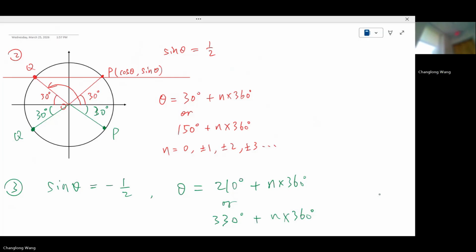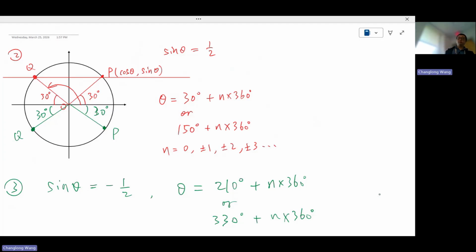Not anymore, because sine 30 is not going to be negative, because you want a negative 1/2. And that's why I wanted to look at those two questions at the same time to see the difference. Once you figure out the easy version, then play with the negative one, right?